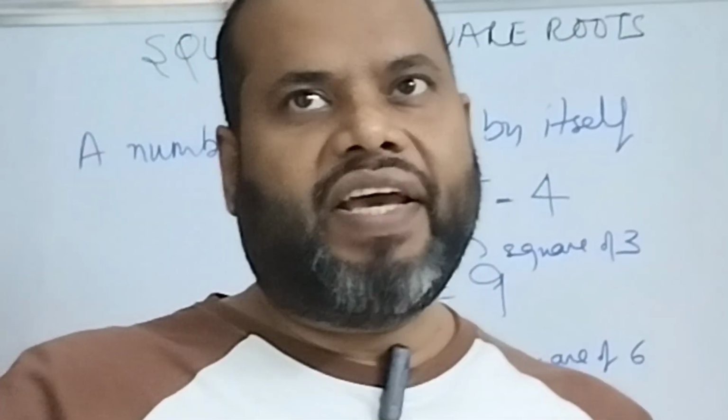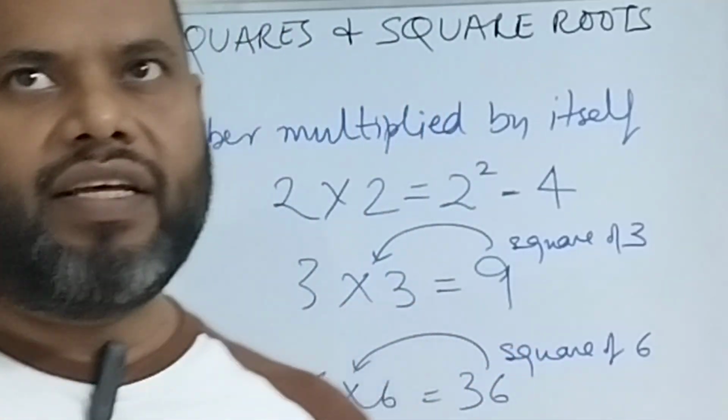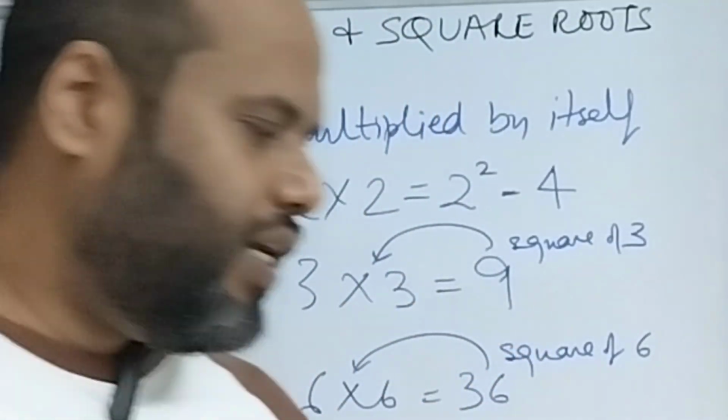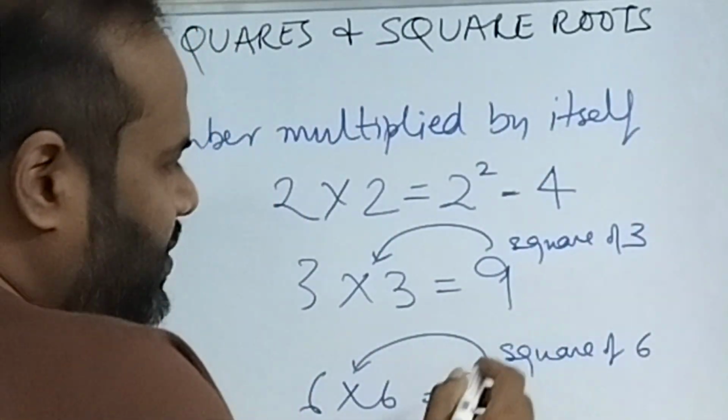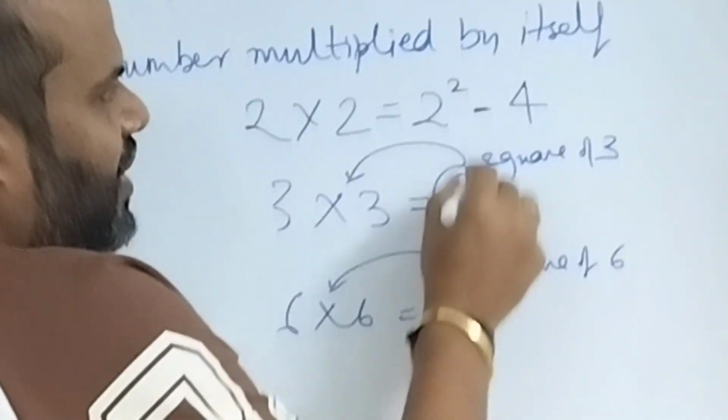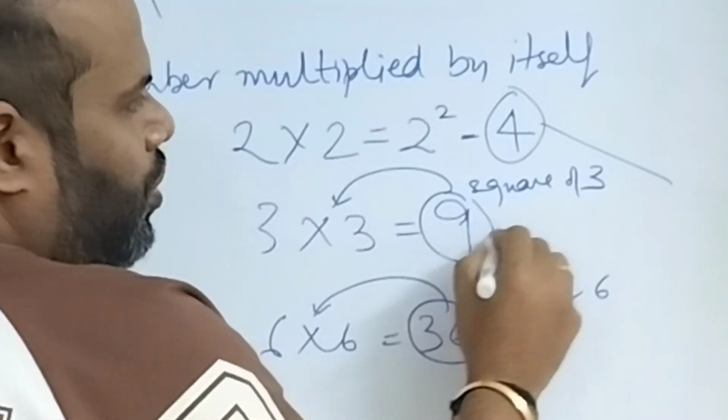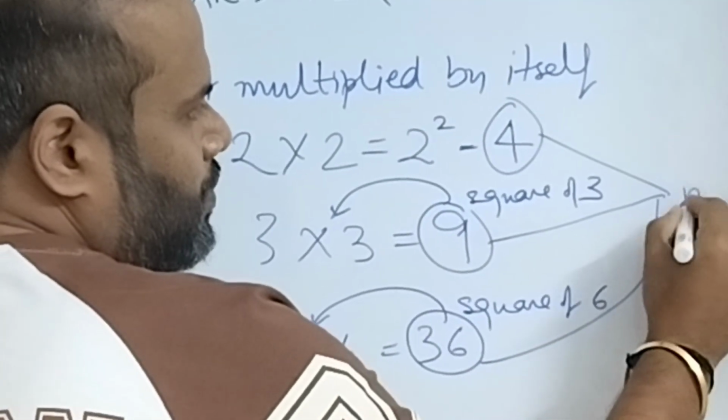So these are basic squares which you have to learn till 20. This will help you in easy mathematical calculation. These numbers 36, 9, 4, these are also called perfect squares.